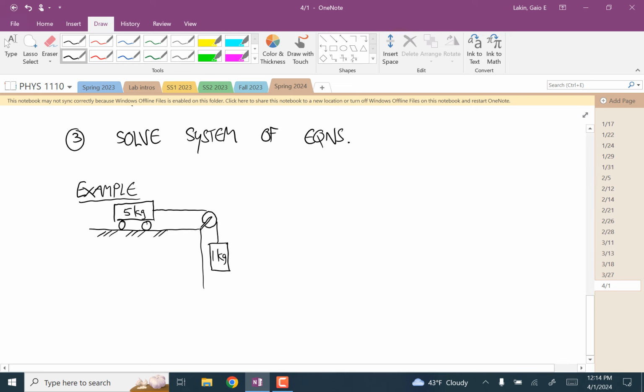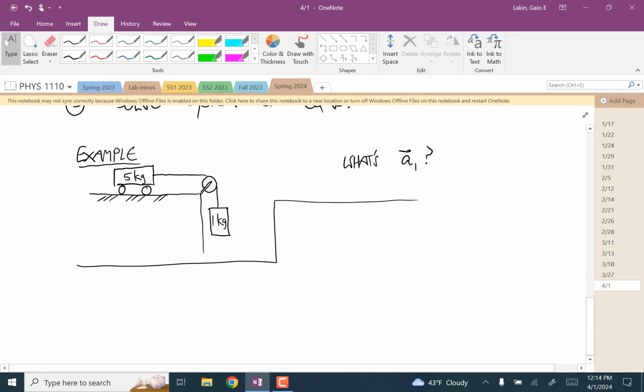And we want to calculate the acceleration vector of the 1 kilogram. I'm going to start out by analyzing the 5 kilogram. By the way, all these answers would come out the same no matter what body you isolate first. You just got to do one first. So the 5 kilogram.